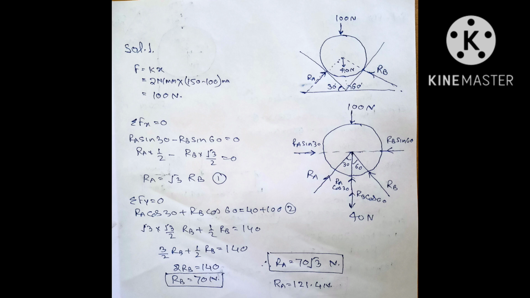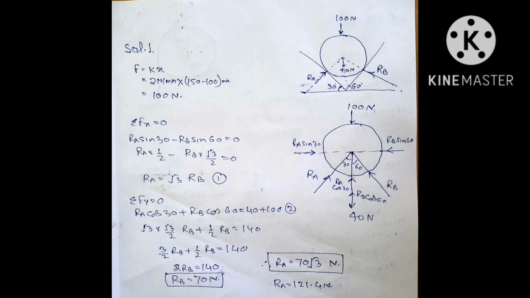That is, displacement X is 150 minus 100, that is 50 mm. So the force of the spring F equal to K delta X, that is 2 multiplied by 50, so it will be 100 Newton.